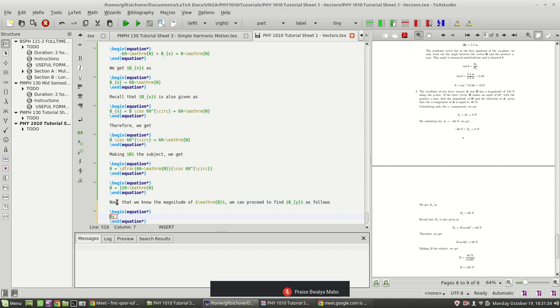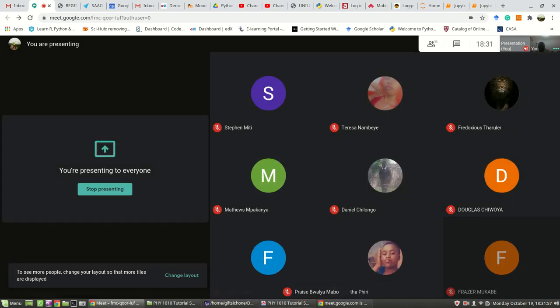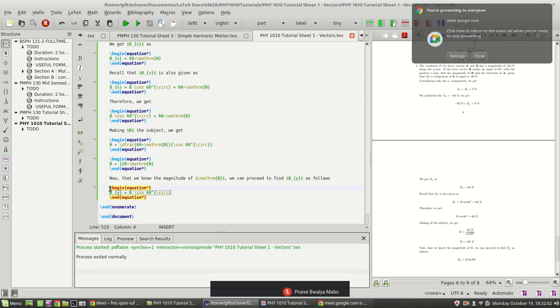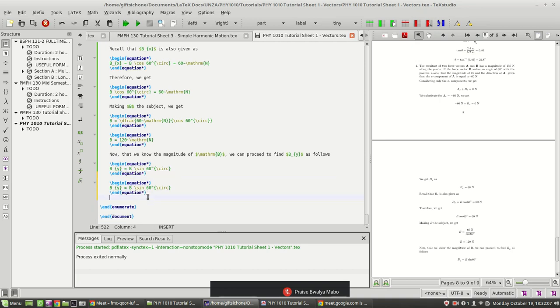So BY is B sine 60. We know that B is 120, so that will be 120.